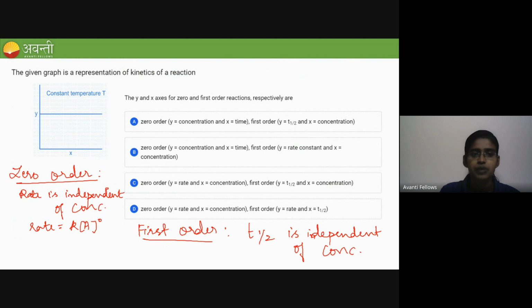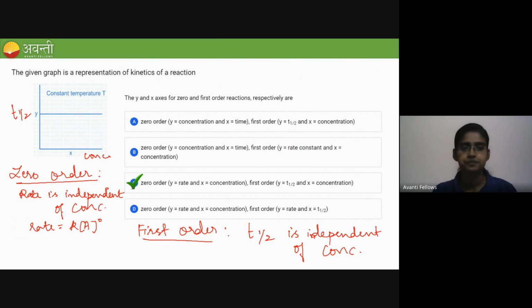So if I take the y-axis as T half and the x-axis as concentration, on increasing the concentration, the half-life remains the same. So this graph is fitting into it. So the correct answer is option C.